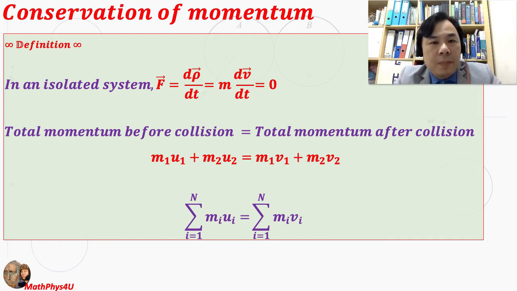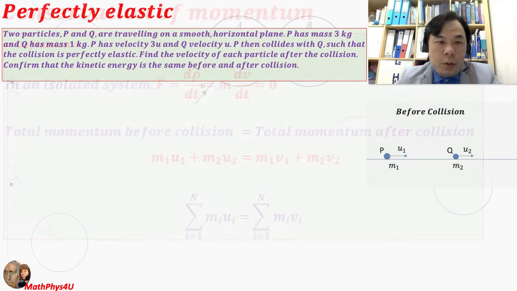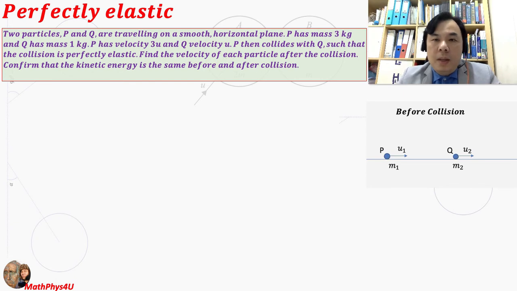Next we're going to look at how to apply this. Now let's look at our first example, perfectly elastic. If we try to understand this question, you can get a better picture of what is known as perfectly elastic.